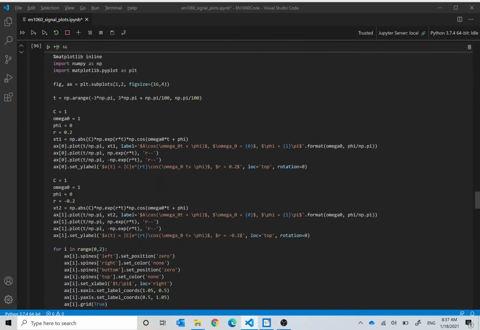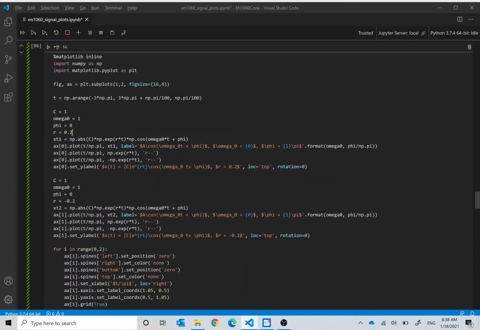So as usual, we load numpy and matplotlib, and then we create the plots that we want and arrange t from minus 3 pi to 3 pi with the interval pi divided by 100, and we take c equals 1, omega naught equals 1, phi equals 0 and r equals 0.2.